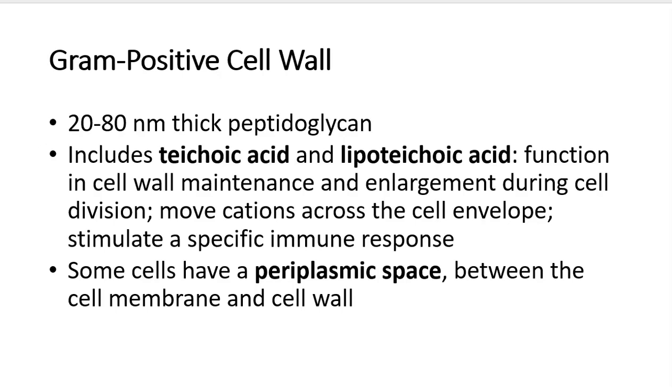It's pretty thick in a gram-positive. And here's the difference between the gram-positive and gram-negatives. Gram-positive has a thick peptidoglycan layer. You can see it's 20 to 80 nanometers, which is tiny, but you're talking about a tiny cell.